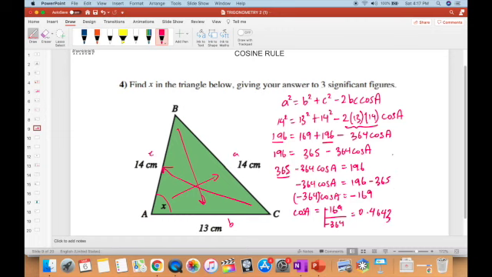Right? So therefore, A is equal to the cos inverse of 0.4643, which is around 62.3 degrees.